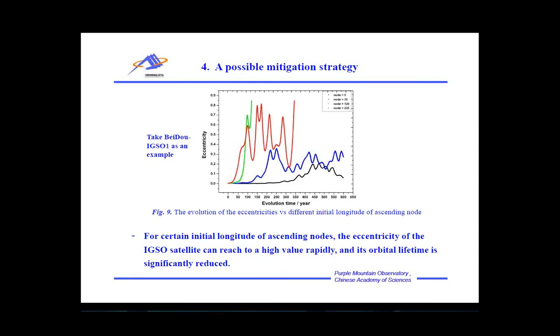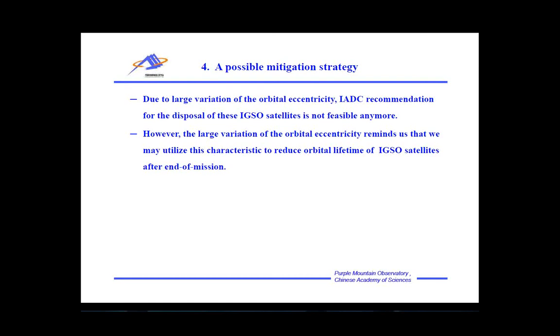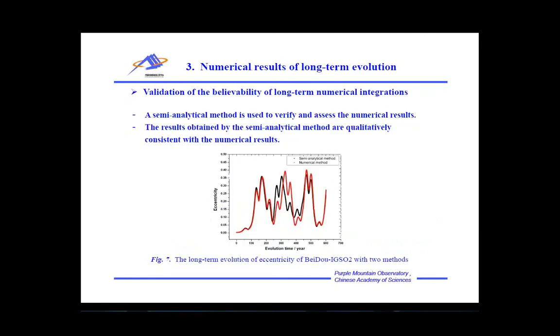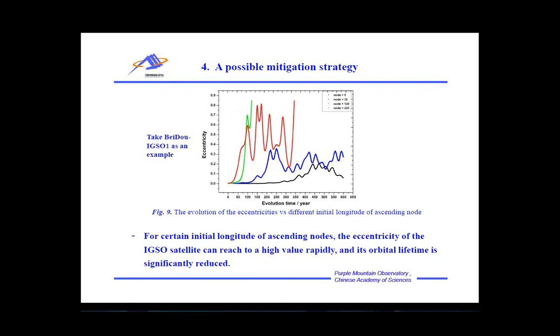This figure 9 shows the evolution of eccentricities versus different initial longitudes of ascending node. We set the ascending node at 0, 30, 120, and 225. So you can see totally different evolution pictures.